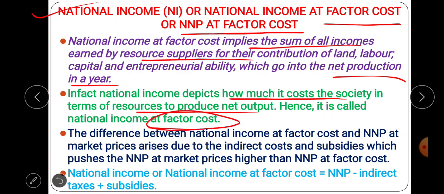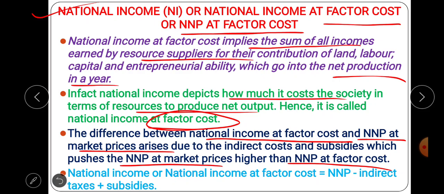Okay. So, the difference between the national income at factor cost and the NNP at the market price arises due to the indirect taxes and the subsidies which push the NNP at market prices higher than the NNP at factor costs.